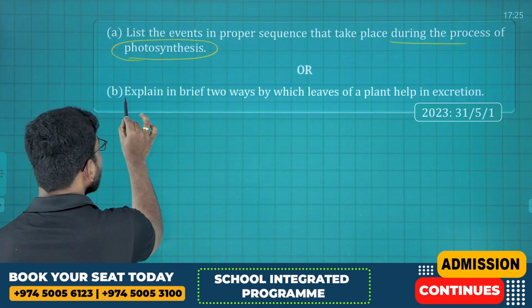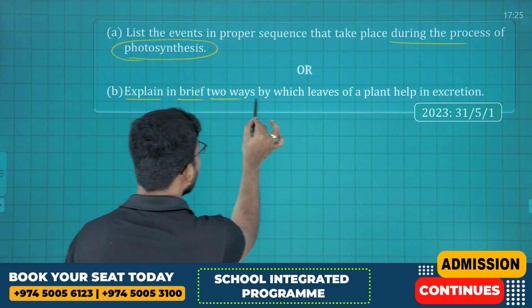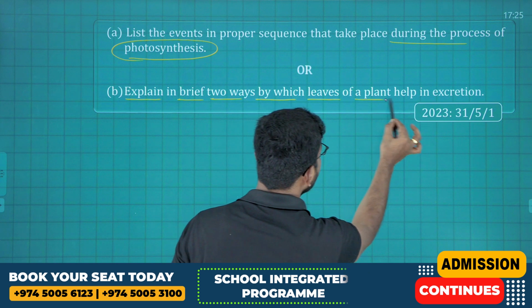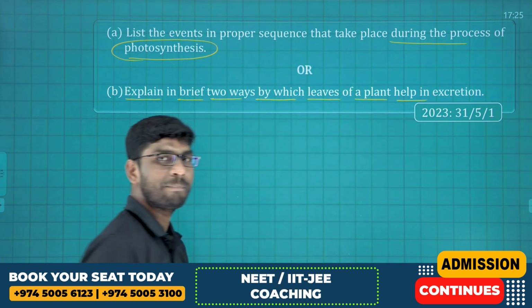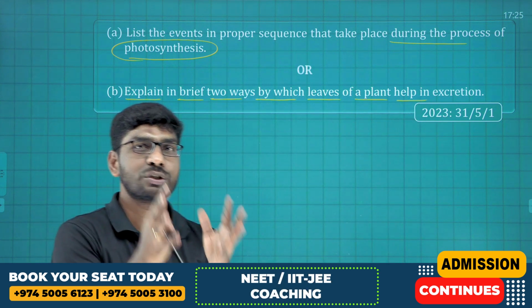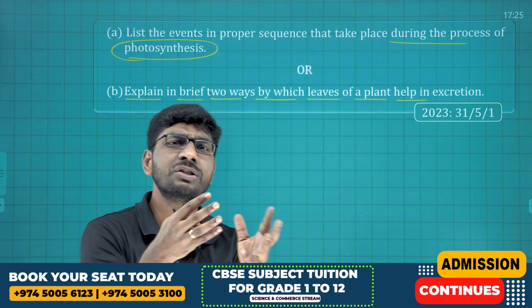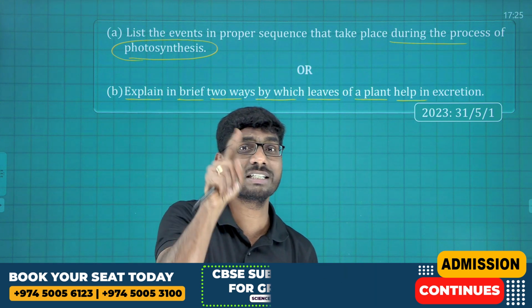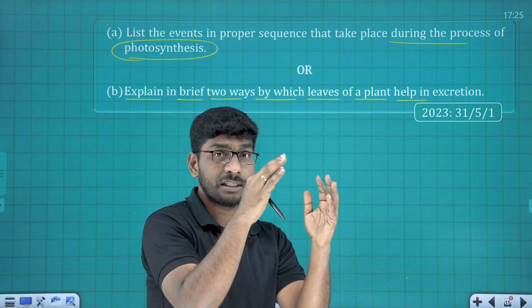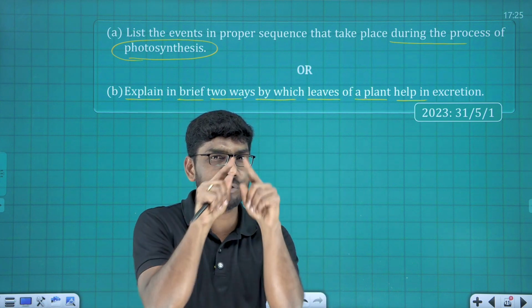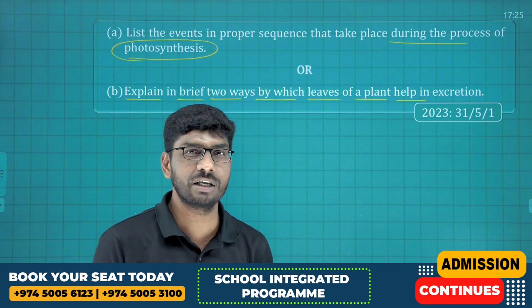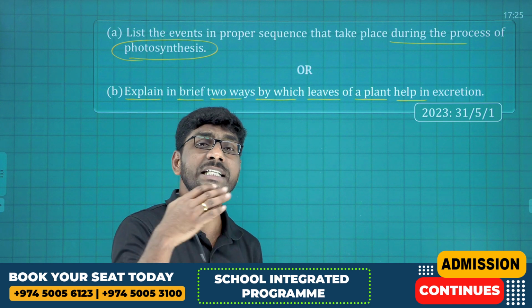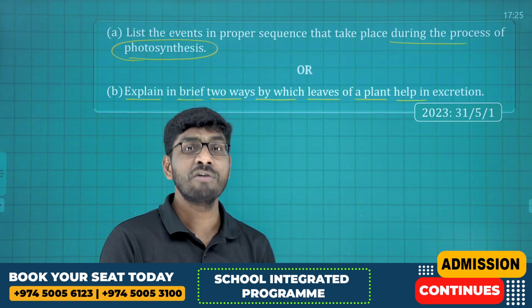Next, explain in brief 2 ways by which leaves of a plant help in excretion. Leaves actually help in excretion also. We have already learned the excretion process in plants. In the last concept of the life processes chapter, a small paragraph is given. Plants excrete waste material in the form of falling leaves.